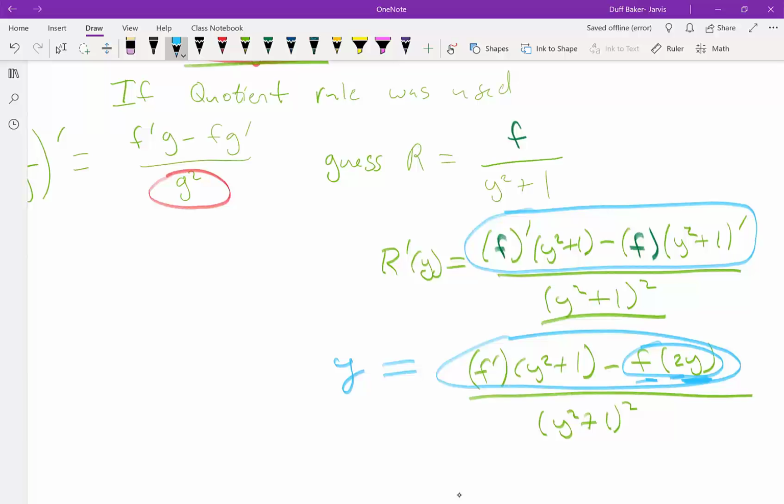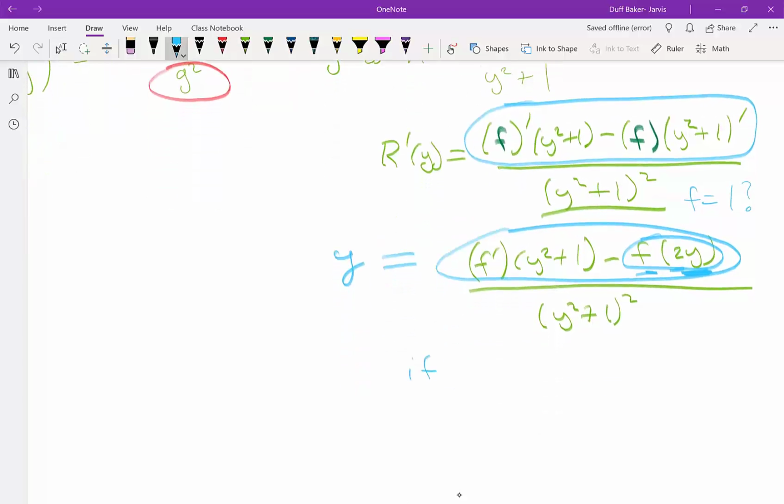What would happen if f was 1? If f was 1, then the derivative of f would be 0. So that first term just goes away, and you'd be left with minus 2y.